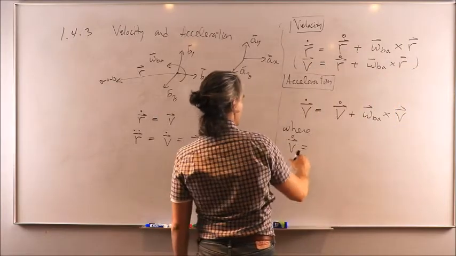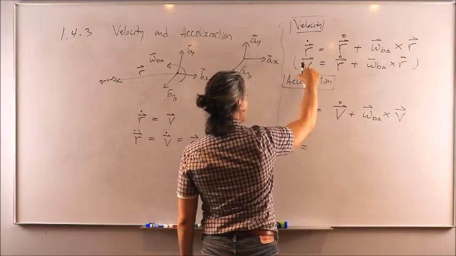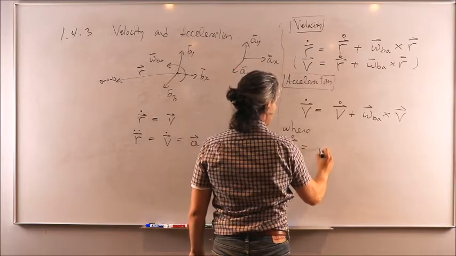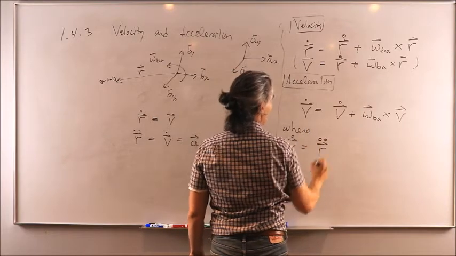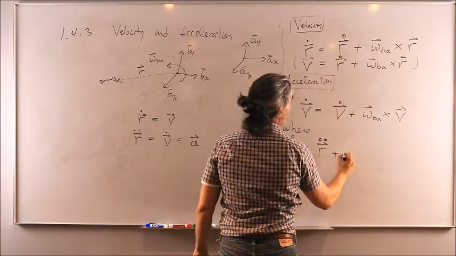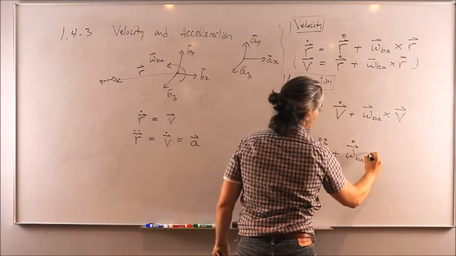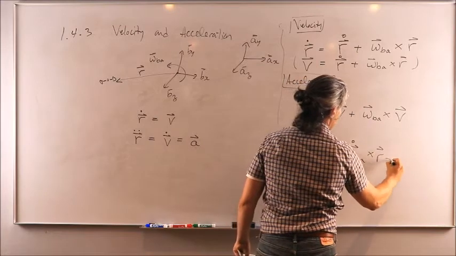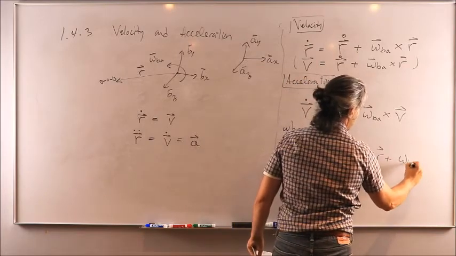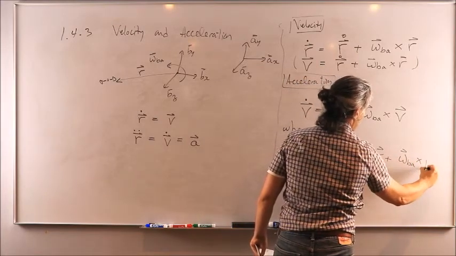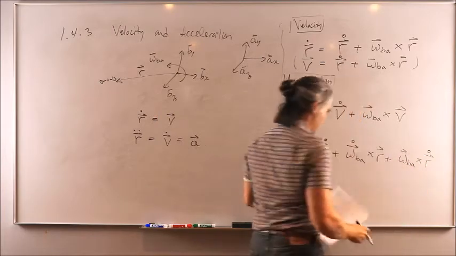So the hollow operator on the left-hand side is v hollow, and here I have r double hollow plus omega BA hollow cross product position plus omega BA cross product r hollow.